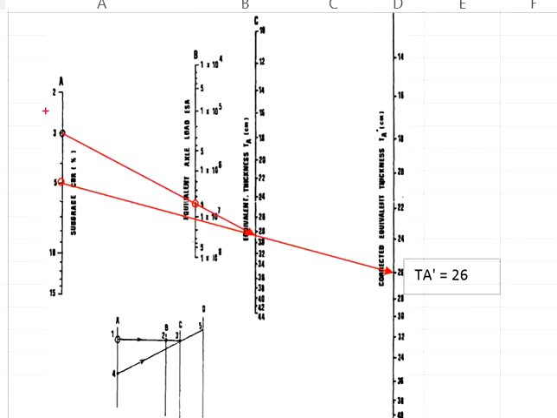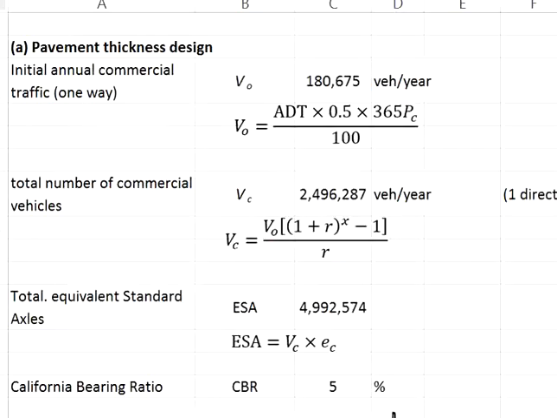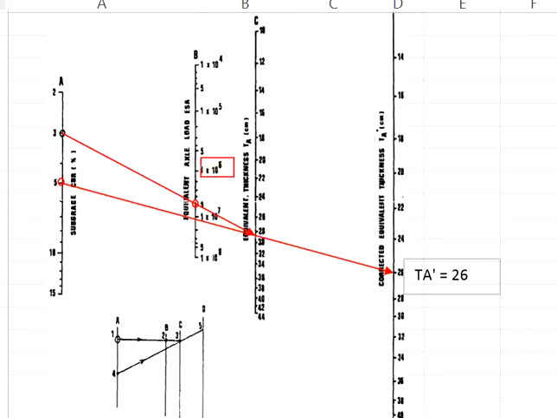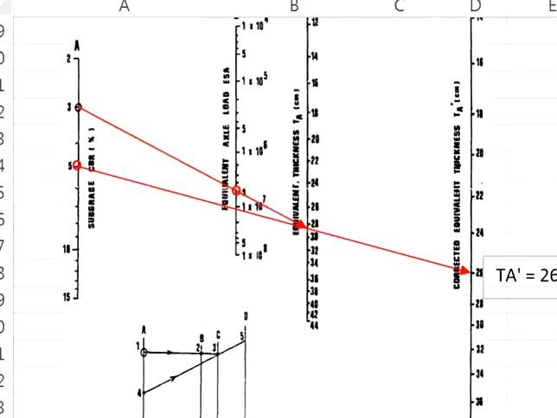We start with 3% CBR, passing through a point of 5 million ESA as calculated here, which is between 10 power of 6 to 10 power of 7. Draw a straight line passing through the 5 million ESA, and it will meet at the TA here, which is around 29. The equivalent thickness of 29 is on the basis of 3% CBR.